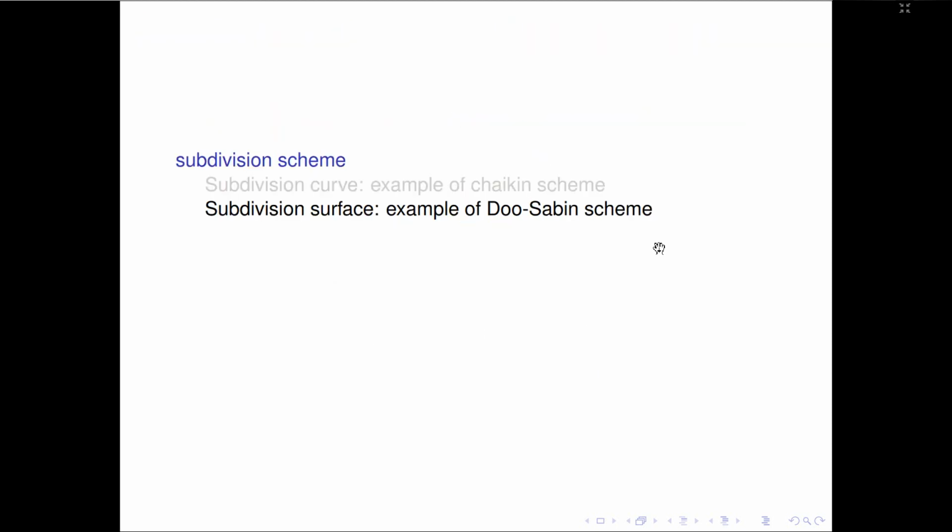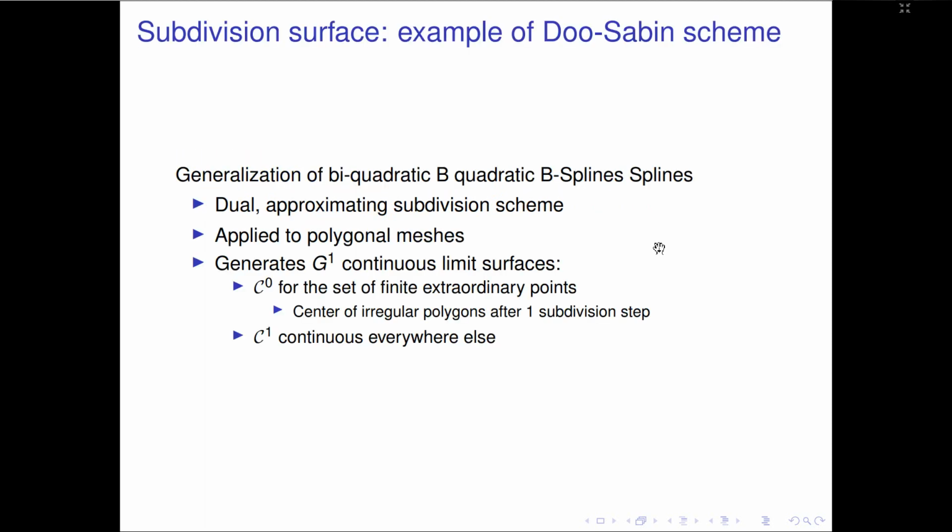Now let's move into the subdivision surface, or the example of the Doo-Sabin scheme. The Doo-Sabin scheme is a generalization of quadratic B-spline. It is a dual approximation because it starts by subdividing the faces, not the vertices, like the Catmull-Clark scheme, and is applied to polygonal meshes.